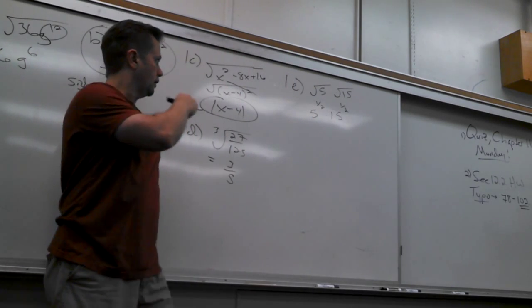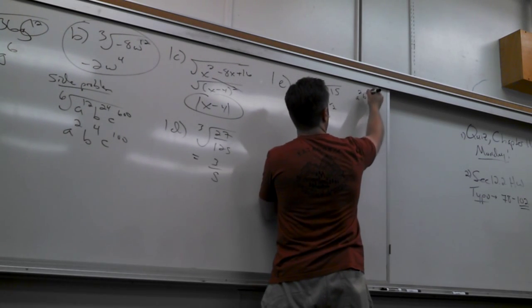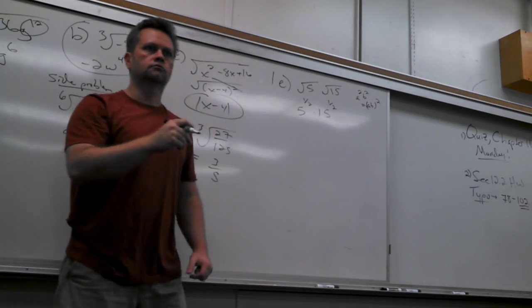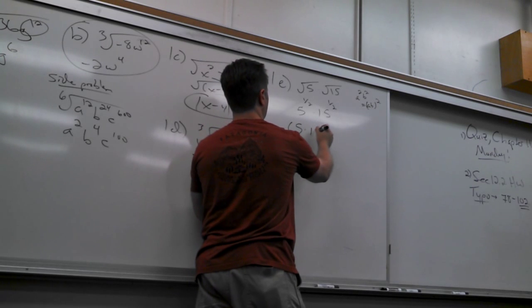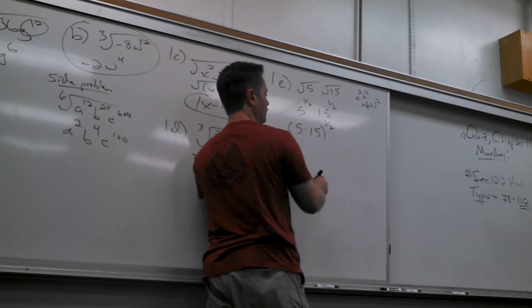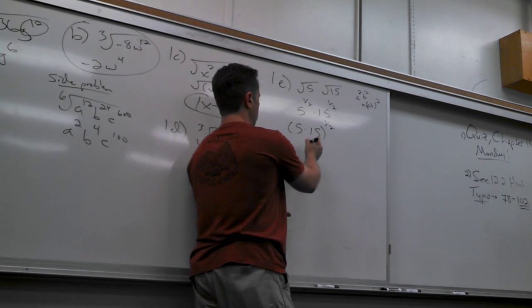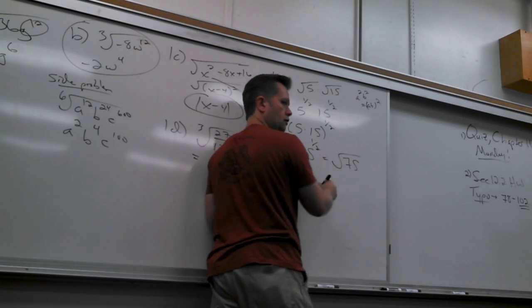Yeah, all right. And think about it. If I had a squared, b squared, isn't that the same thing as ab squared? Yes. So I can take the 1/2 power out the same way. This would be 5 times 15, all to the 1/2. Well, what is 5 times 15? 75. Square root of 75, right?